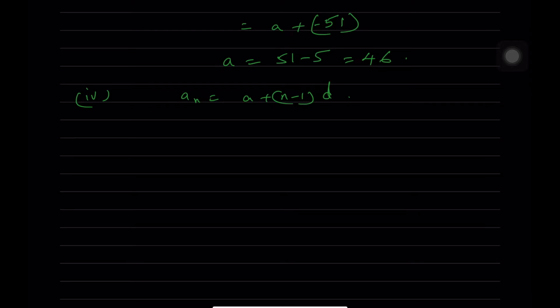So you're having AN you have to find out, which is equal to, A is 3.5, N is 105 minus 1, the common difference is 0. So therefore 3.5 plus 0, so AN is equal to 3.5.